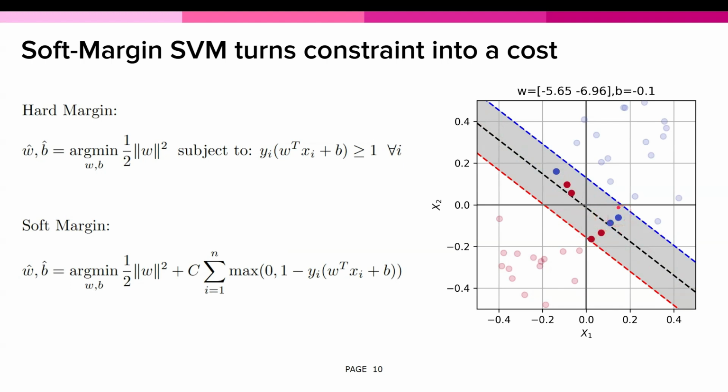Blue points over here are inside their margin. But there are also a few points that are on the wrong side of the separating hyperplane. These points are going to contribute to the penalty in the objective function. So it's going to allow the model to balance between fitting the training data and maintaining a larger margin.